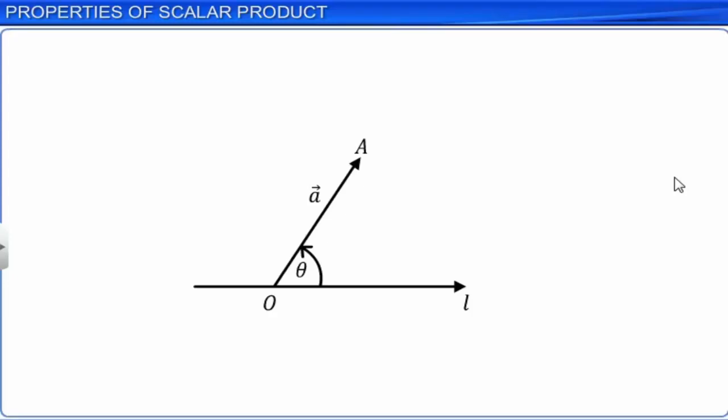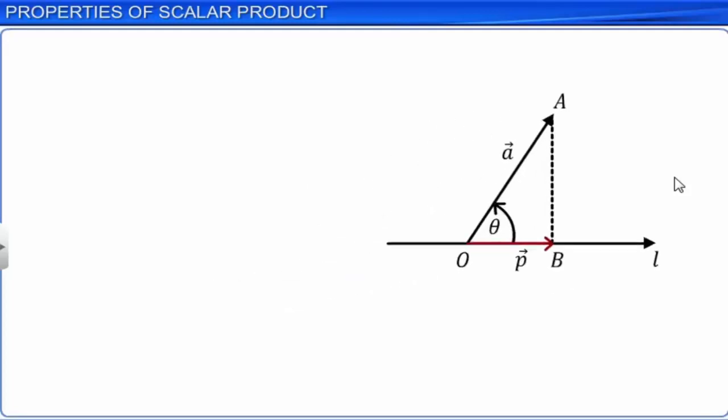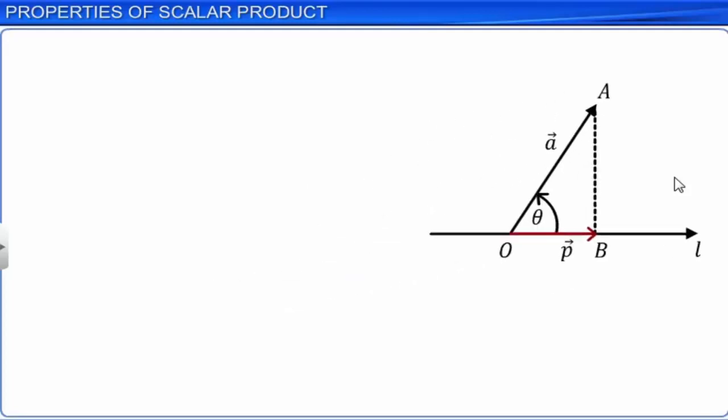Drop a perpendicular AB from point A to line L. Now, vector OB, represented as vector P, is the projection vector of vector A on line L. In right-angled triangle OBA, cos theta is equal to OB upon OA.